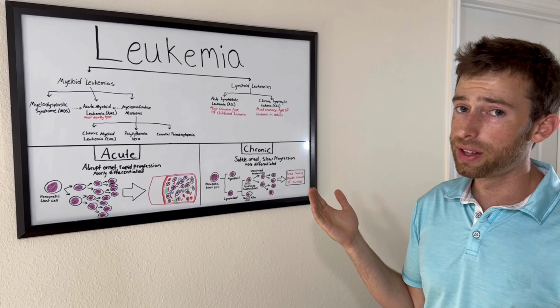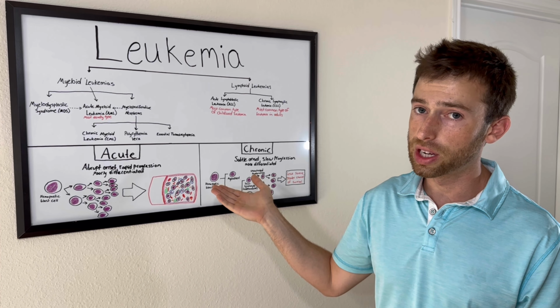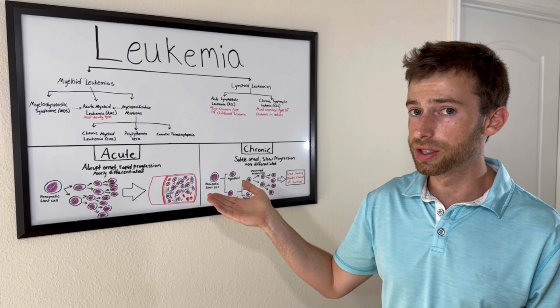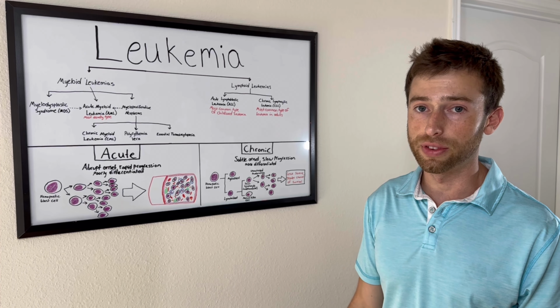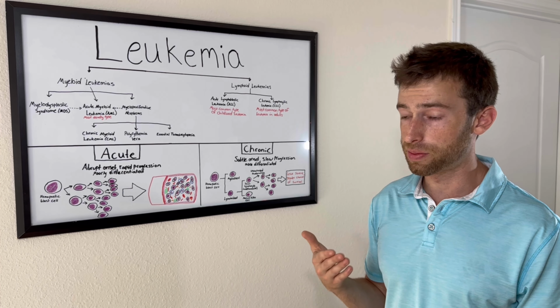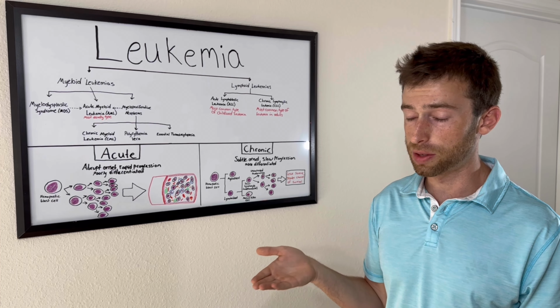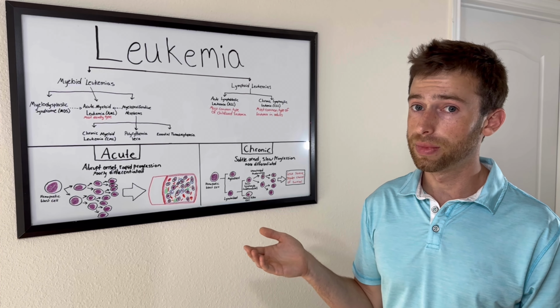Also, I'd like to comment that the acute types of leukemia you're more often going to see in the younger populations. These ones tend to affect people at the very beginning of life, and they spread quickly. The symptoms start abruptly, and they're more often fatal for that reason.